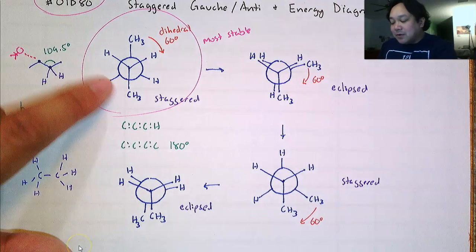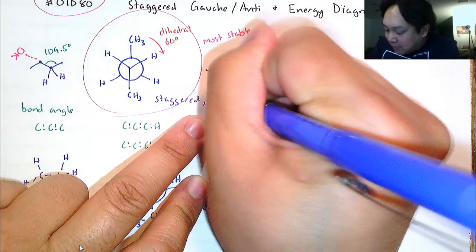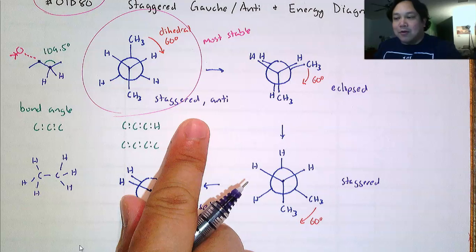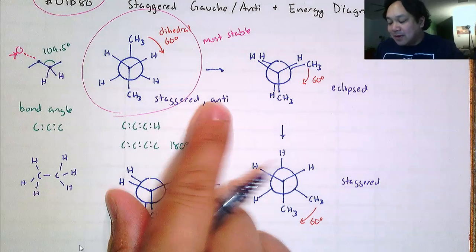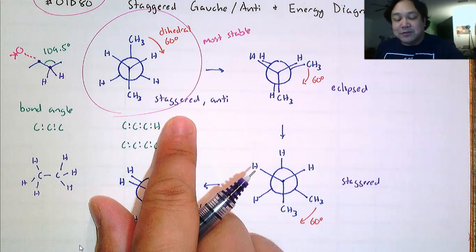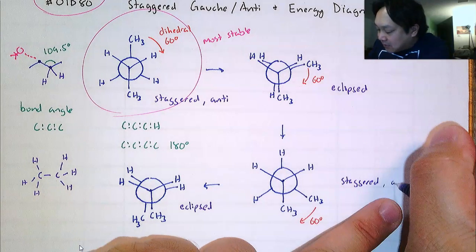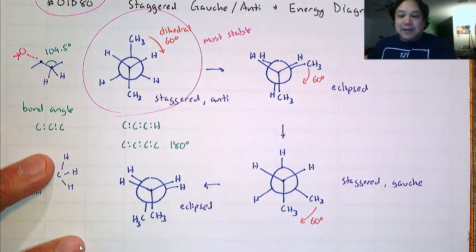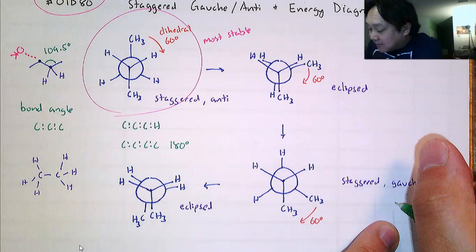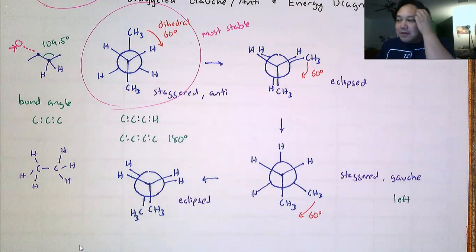There are two different energy levels for the staggered. The one that's more stable is called staggered anti, and I'm going to put a comma here. Or you could call it anti-staggered or staggered anti without the comma. Doesn't matter. Just know that this is a special type of staggered conformation, which is more stable than this one. This is interesting. This is actually called staggered gauche. Those of you who've taken French, gauche means left. But it also means awkward.